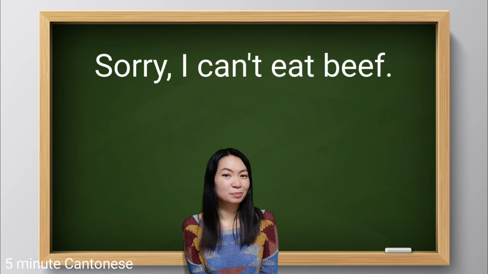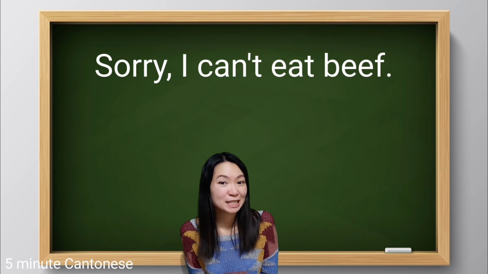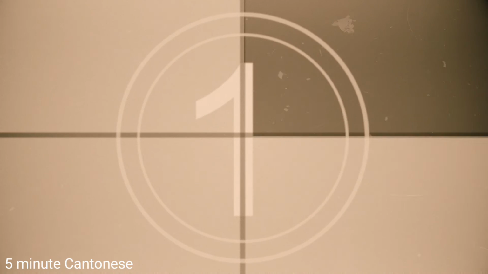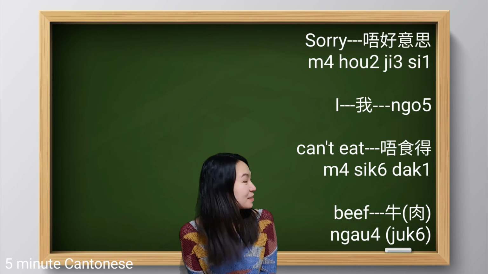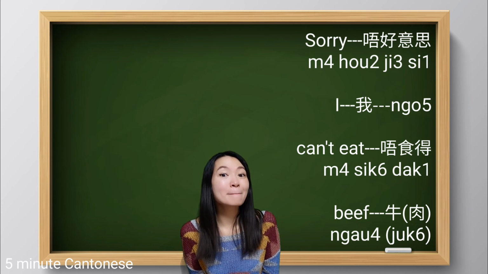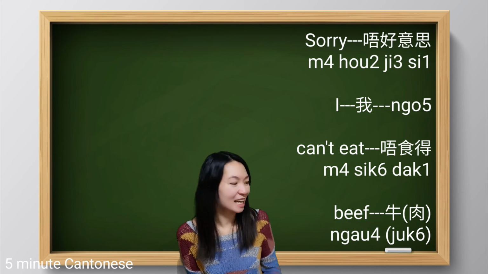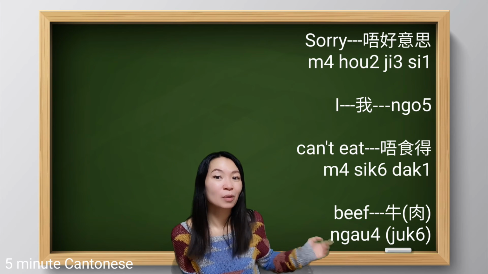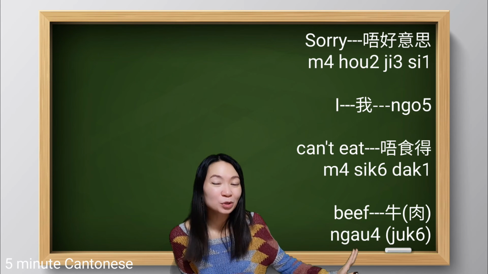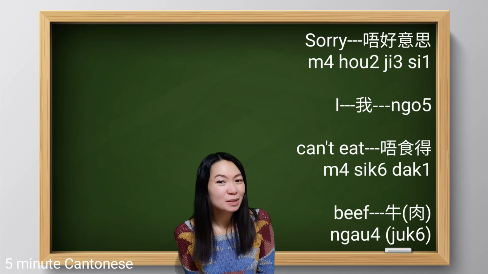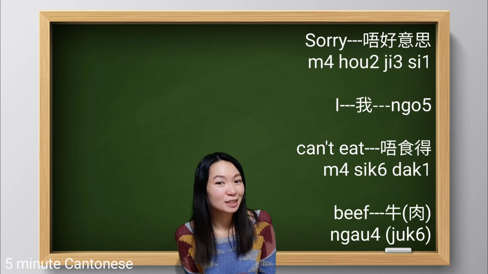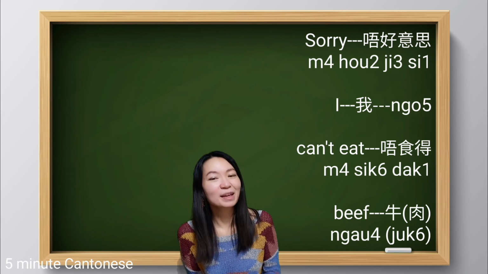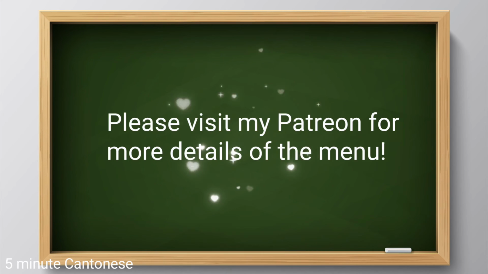Now you tell her, I'm sorry, I don't eat beef. 唔好意思，我唔食得牛 or 牛肉。唔好意思，我唔食得牛肉。And then you choose another one.